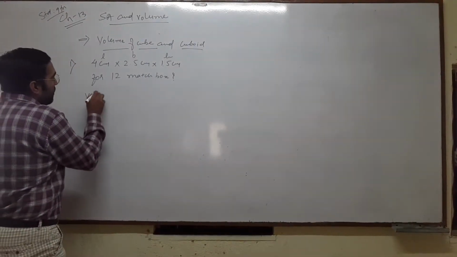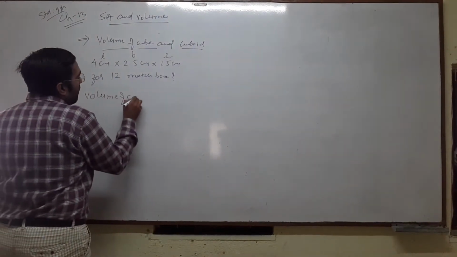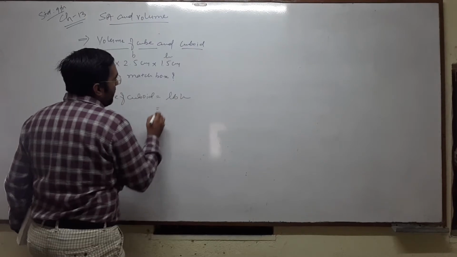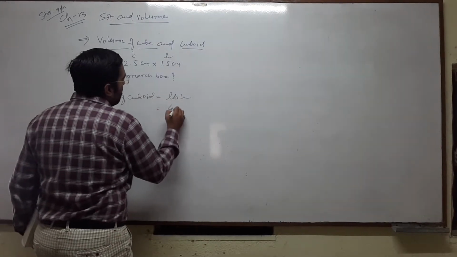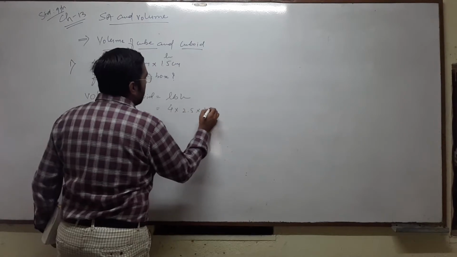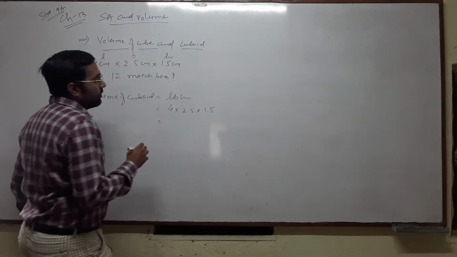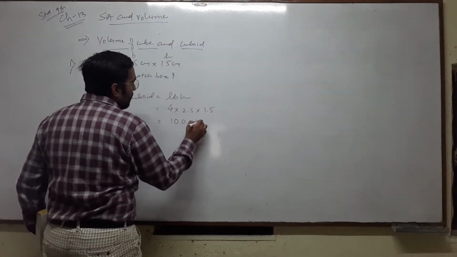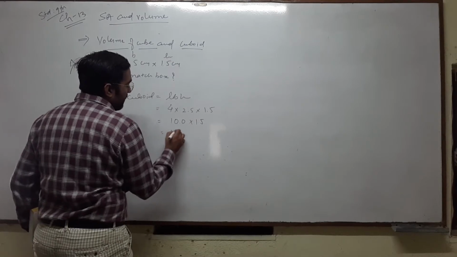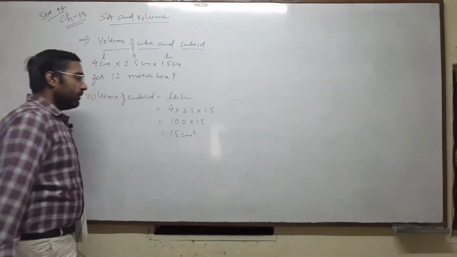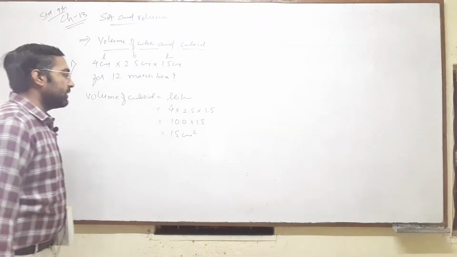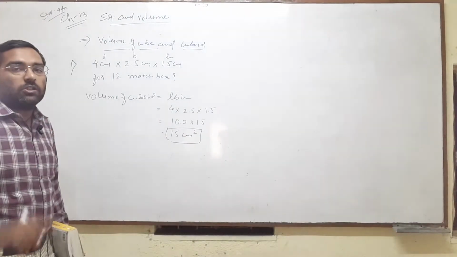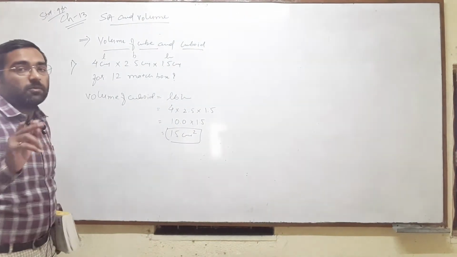So as per the volume of cuboid is equal to L into B into H. Therefore 4 into 2.5 into 1.5. 4 times 25 is 100, that is 10.0 into 1.5, that is 15 centimeter cube. Okay students, that is the volume of the one such matchbox.